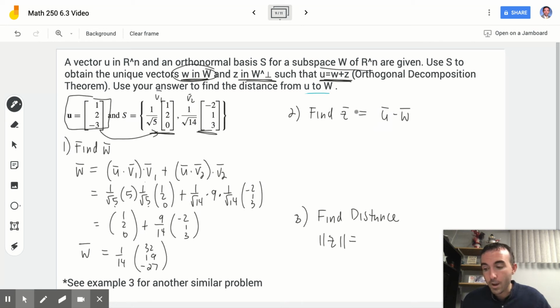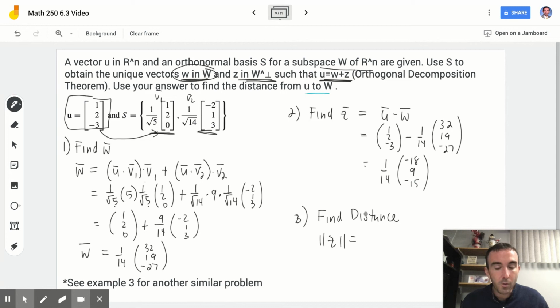So for that, we do 1, 2, negative 3 minus 1/14 times 32, 19, negative 27. So again, you can use a calculator, you can use common denominators, whichever method you prefer. And when you do that, you should get 1/14 times negative 18, 9, and negative 15.